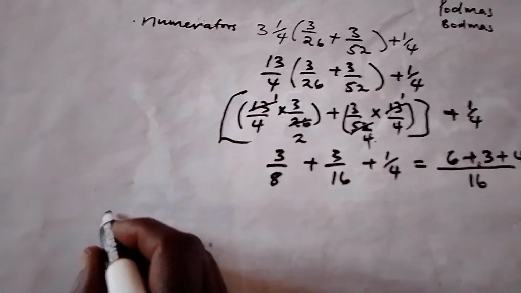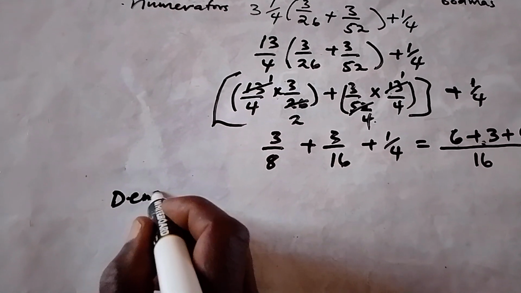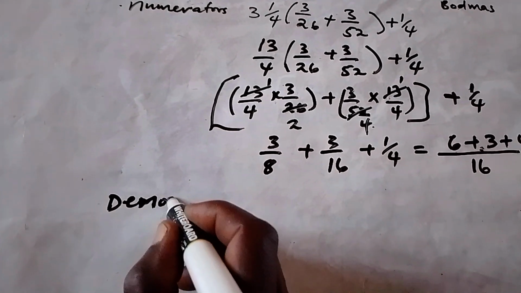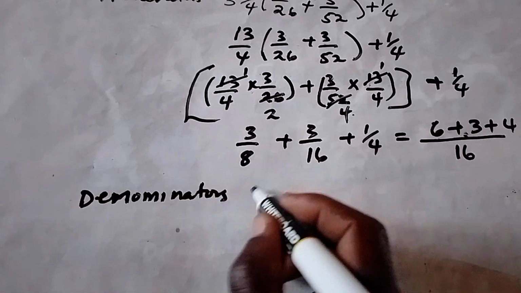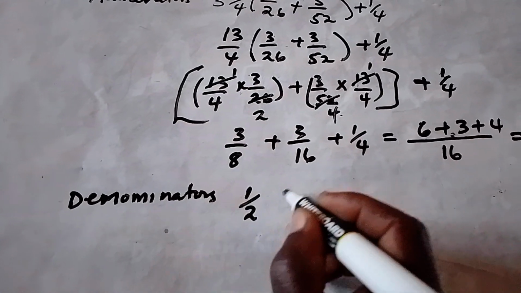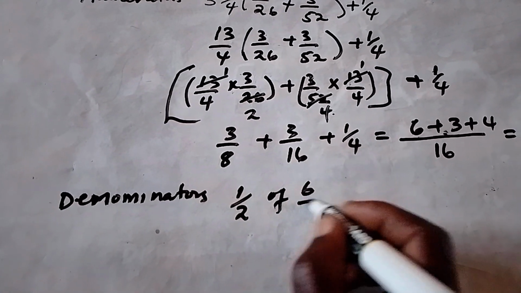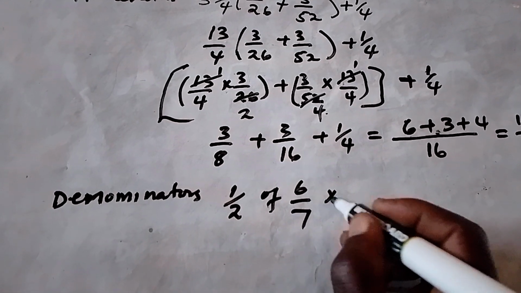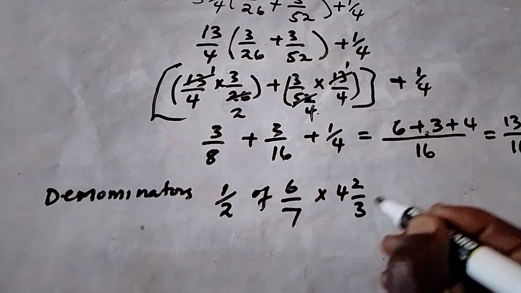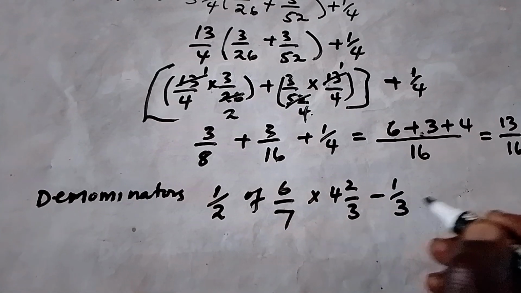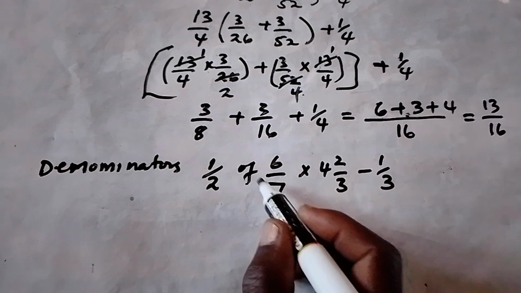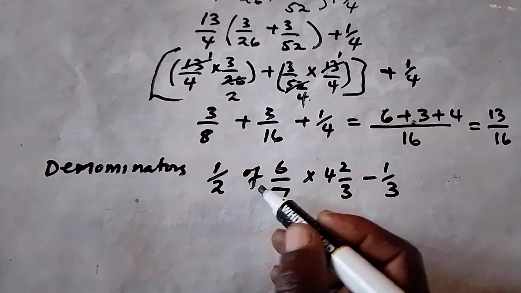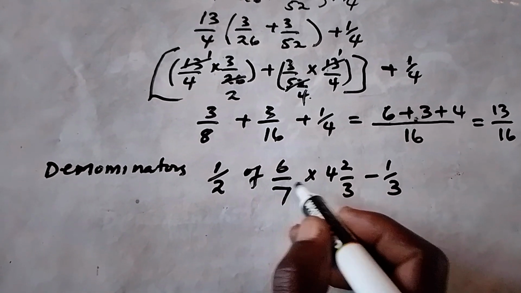Now let's work out the denominator. We have half of 6/7 multiplied by 4 2/3 minus 1/3. So our first operation here is of, since we don't have the parentheses.